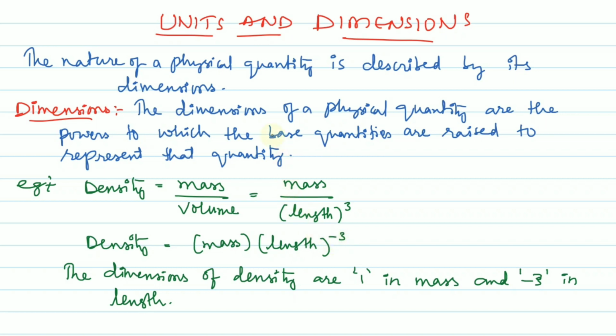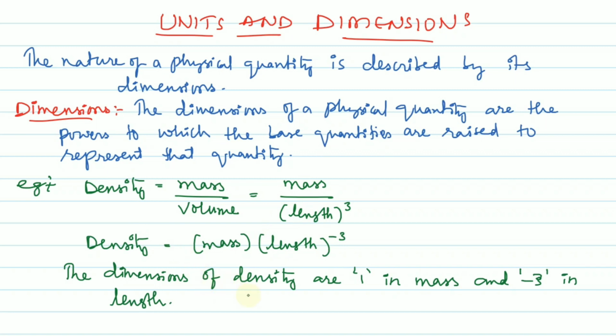So now you can understand the definition easily. So dimensions of a physical quantity are nothing but powers to which the base quantities are raised to represent that quantity. Here the quantity is density, right? And we are representing dimensions of density by raising powers of base quantities in which this derived quantity density can be expressed.